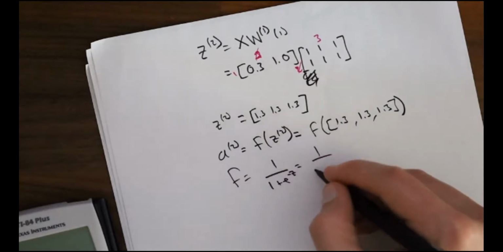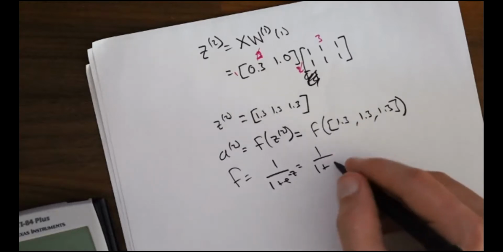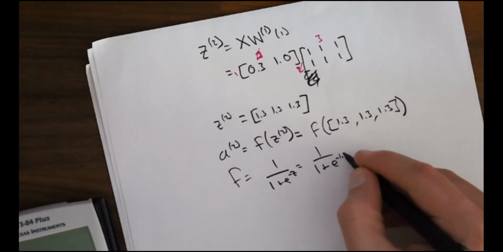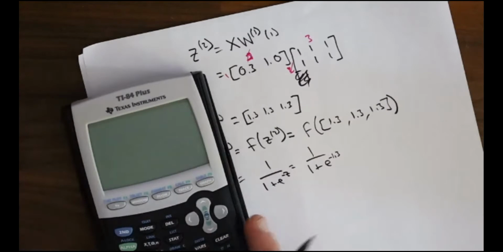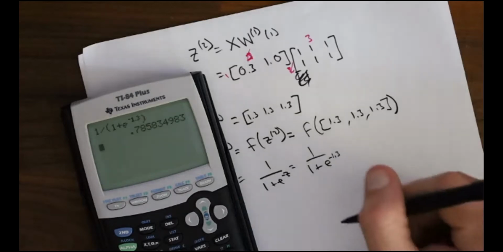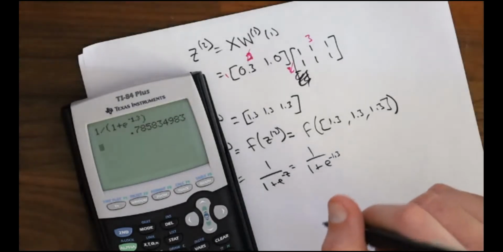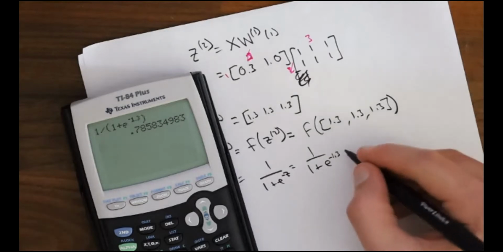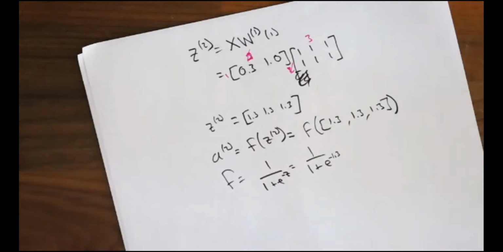So I'll just compute it for one of these values, e to the minus 1.3. So if I grab my calculator here, we're going to do 1 divided by 1 plus e to the minus 1.3. Cool, and I get 0.79-ish, something like that.